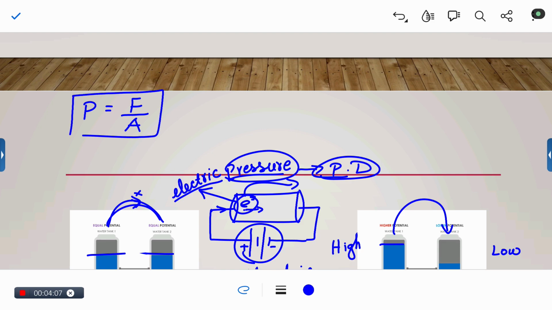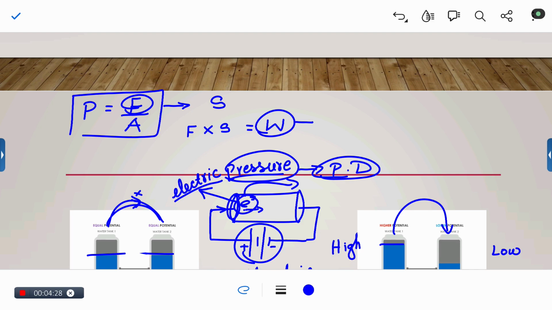In this specific area we are giving the force. Once a force has been given, the charges will start to get displaced. We all learned that the product of force and displacement is called work. That means we are doing the work.